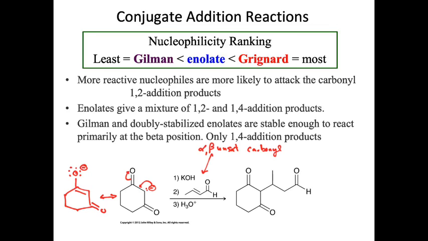Okay? So if we go through and look at the result, the bond that formed here, if we highlight that in blue, is right here. There's the carbonyl, alpha, beta. Where did my enolate attack? The beta position. It did a 1,4 conjugate addition.